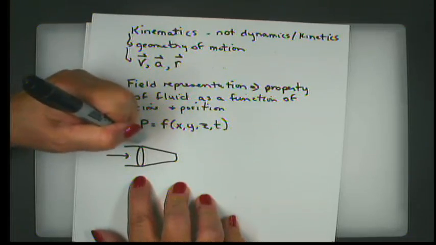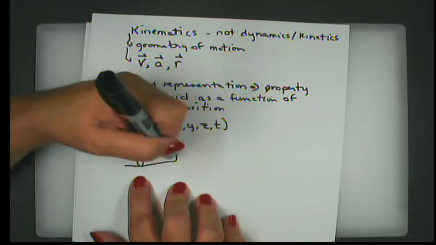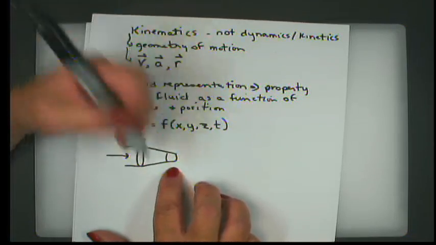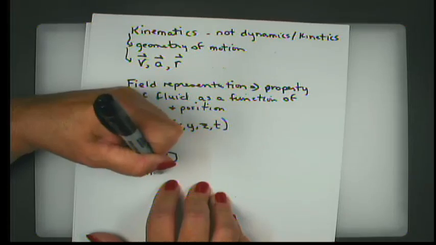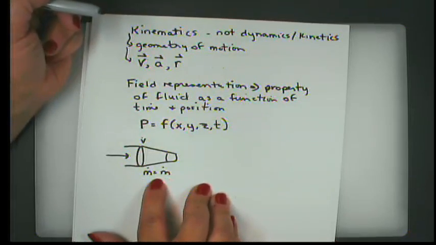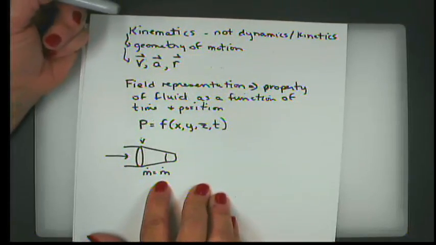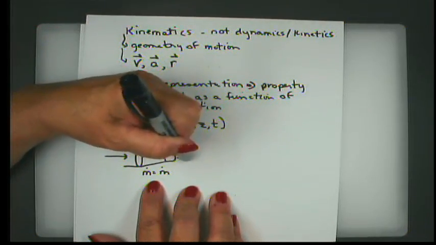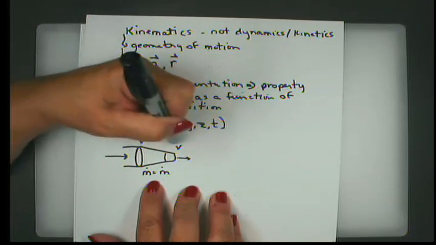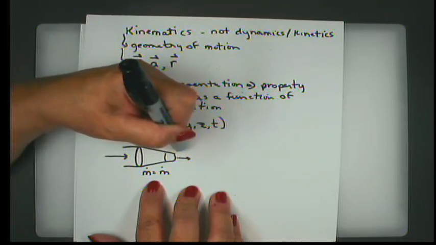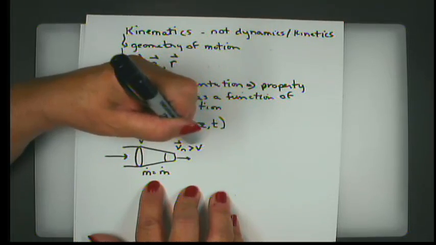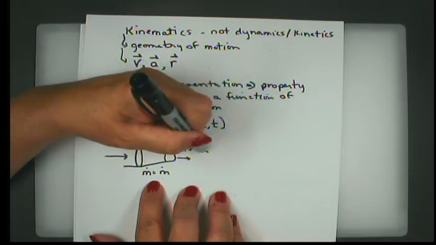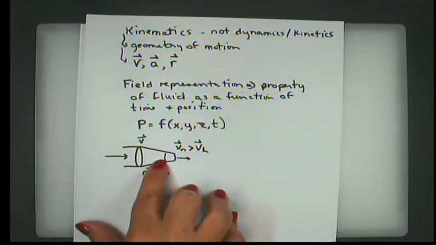You have some particular velocity here, but because mass flow rate has to be conserved, and because the fluid is incompressible, we know that the velocity is going to have to be higher here than it is here. So the velocity at the nozzle is greater than the velocity at the hose. That's V sub n and that's V sub h. And we know that the velocity is going to differ here.